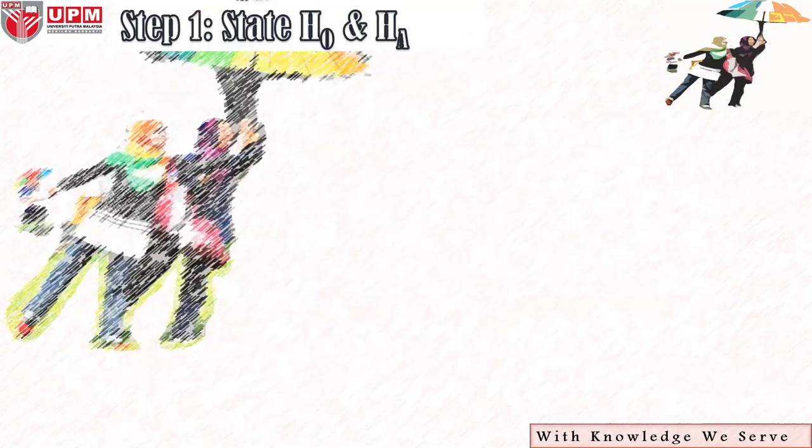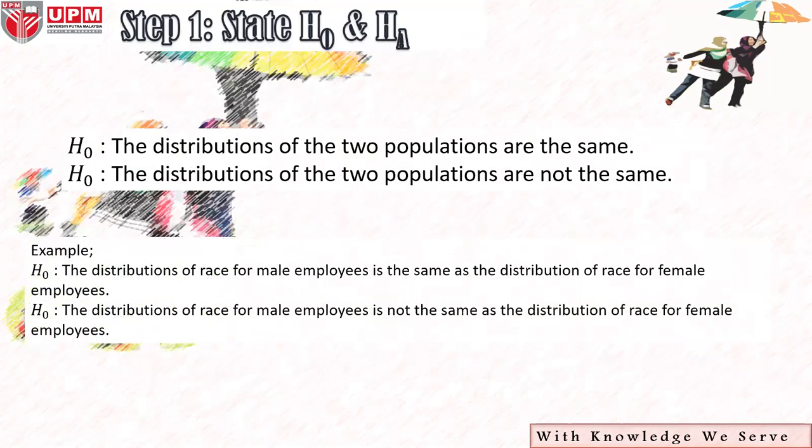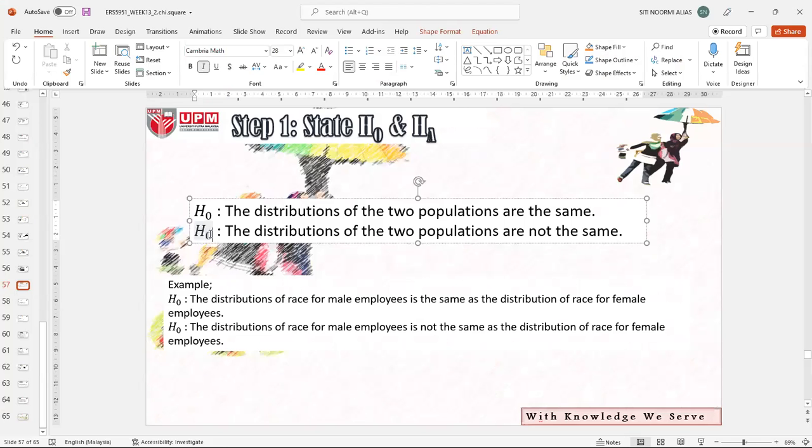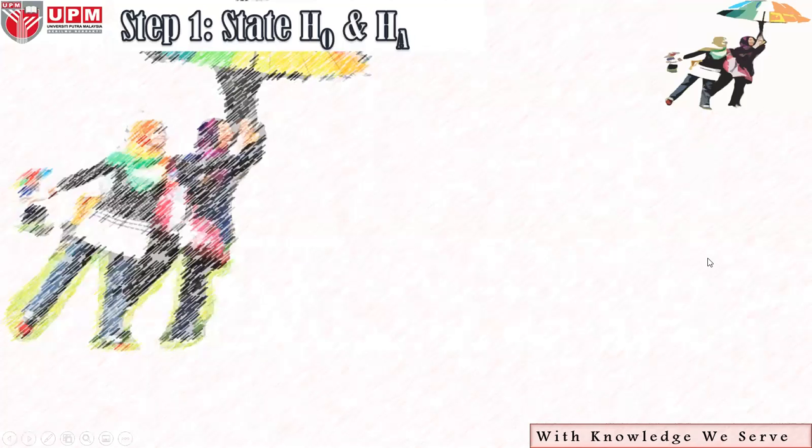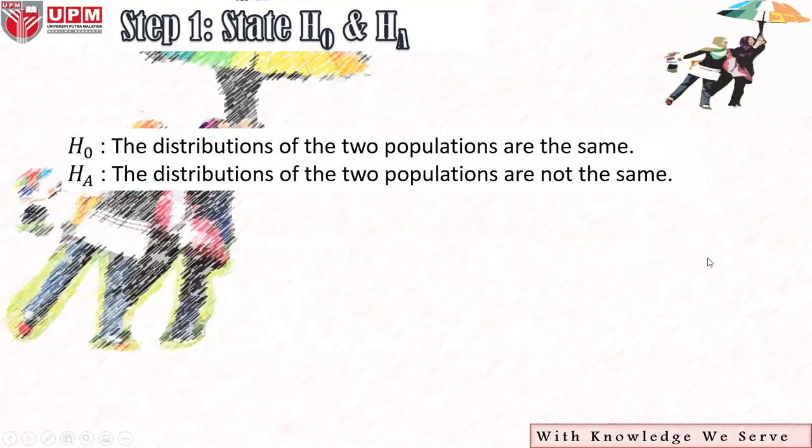Quick. Okay, so here are examples of the null and research hypotheses for the chi-square test of homogeneity. These two are reversed, sorry, I forgot to swap them. Our null hypothesis: the distribution of the two populations is the same. Our research hypothesis: the distribution of the two populations is not the same.